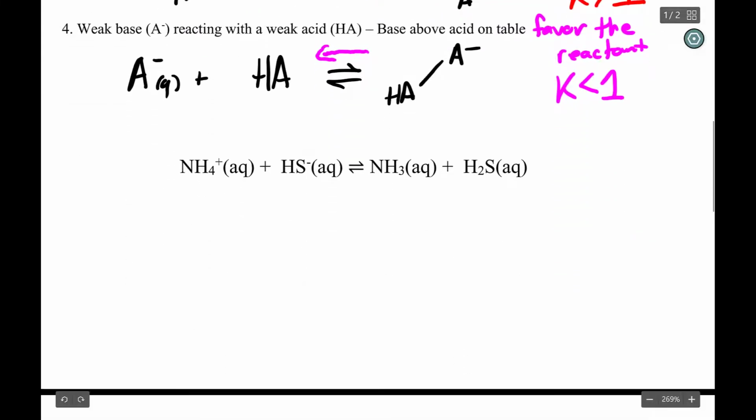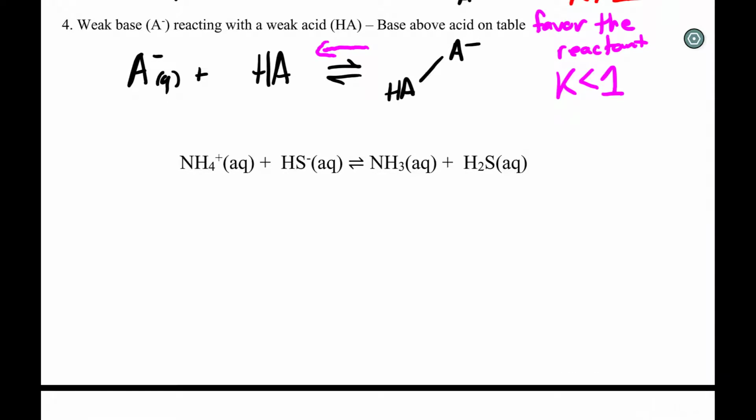So let's have a look at this example here between ammonium ions and HS minus. What I would do first is identify these things as either an acid, a base, both, neither. Now I'm going to go to our table in a moment, but I'm going to tell you that ammonium ion here is an acid only.